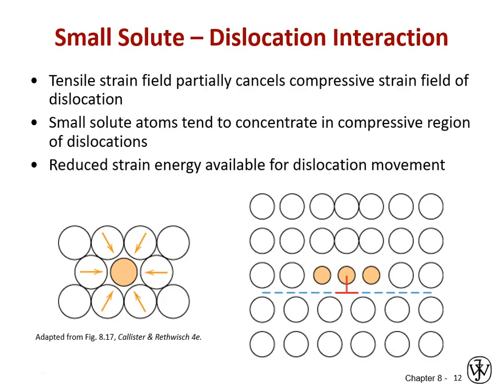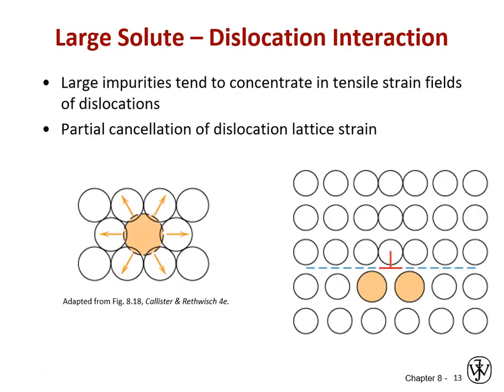So flipping back to the previous slide, small solutes, so our smaller sized alloying additions, which is another word for solute in a metal crystal lattice, they induce a state of tension. They're going to migrate to the compressive side of a dislocation. Big solutes, meaning large sized alloying additions, induce a state of compression themselves, so they're going to want to migrate to the tensile side of a dislocation, partially cancel the strain field, and increase the amount of stress needed to move that dislocation.